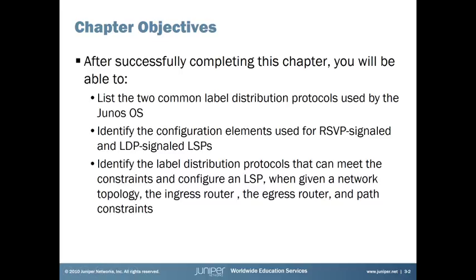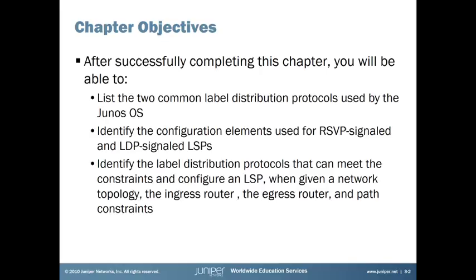So we're going to take a look at the two common label distribution protocols, which are RSVP and LDP. We're going to identify the configuration elements used for those signaled LSPs, RSVP and LDP signaled LSPs.